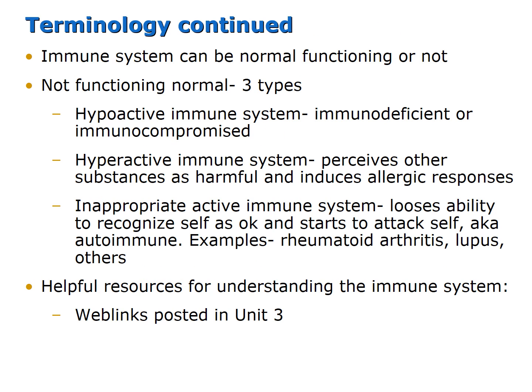The immune system can be normal functioning or not. When it's not functioning normally, there are three types of things that can happen. We can have a hypoactive immune system, where a person is immunodeficient or immunocompromised. Several things can cause that. It can be inherited, or it can be a disease process.